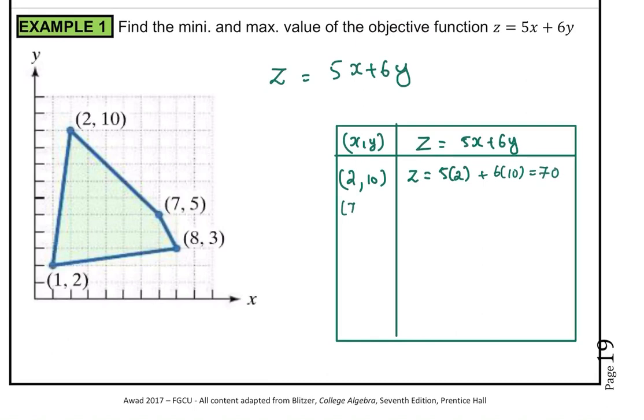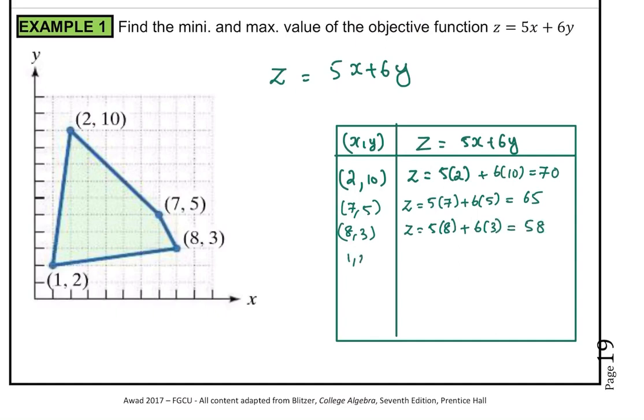If I plug in 7 comma 5, z is going to be 5 times 7, 35, and 6 times 5, which is 30, so that is 65. If I plug in 8 comma 3, z is equal to 5 times 8, 40, plus 6 times 3, which is 18, so 58.